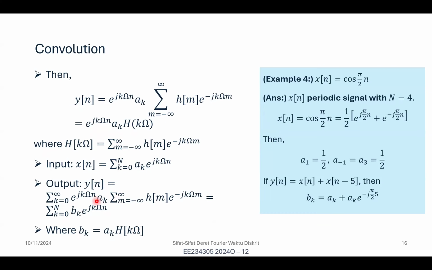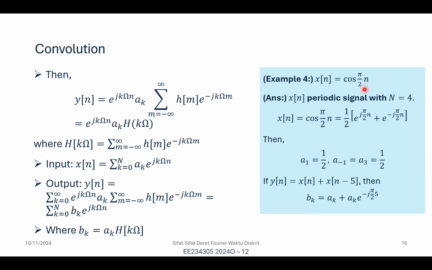It's actually the same as in the previous slide. So the next example, I think this is for linearity. Let's see. xn is cosine of pi n over 2, and it is a periodic signal with N equals 4. Why is that?